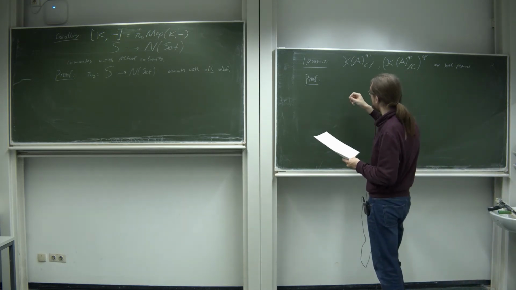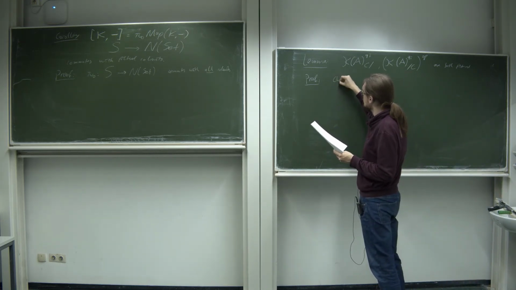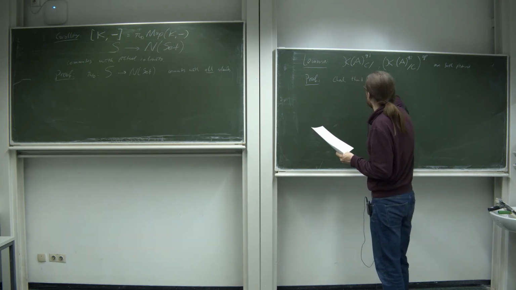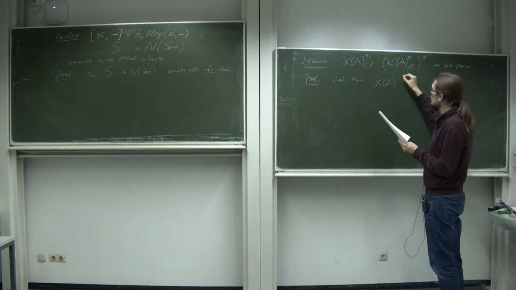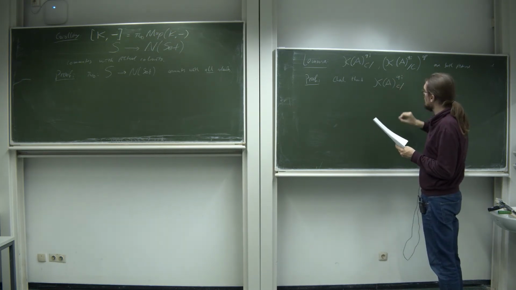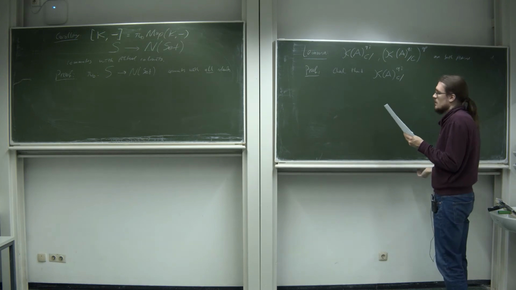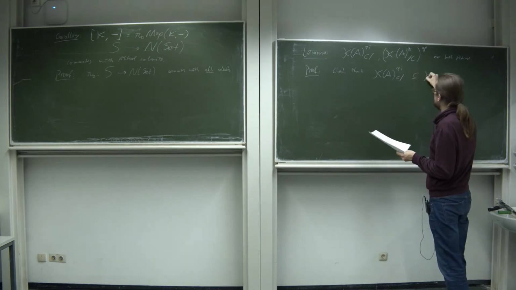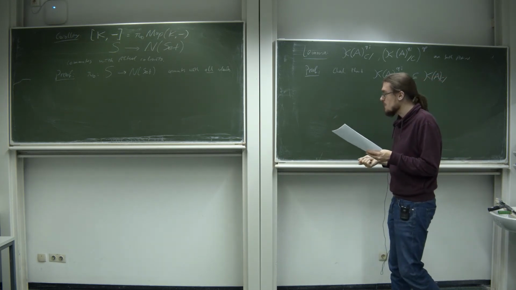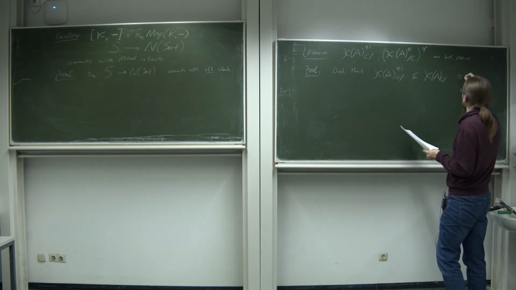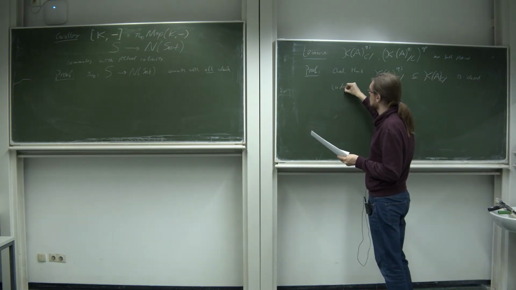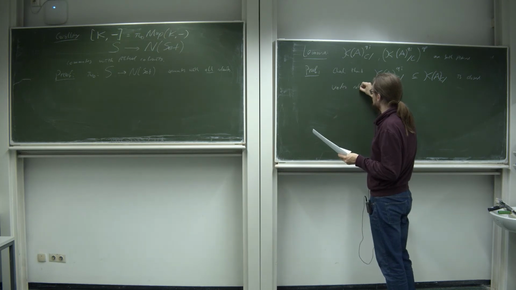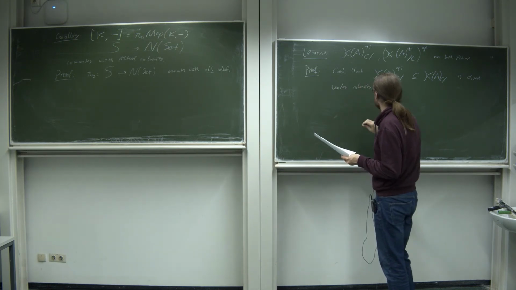So the way we check that is that this guy, remember this was defined as a full subcategory of this slice category. This is closed under colimits in there, right?